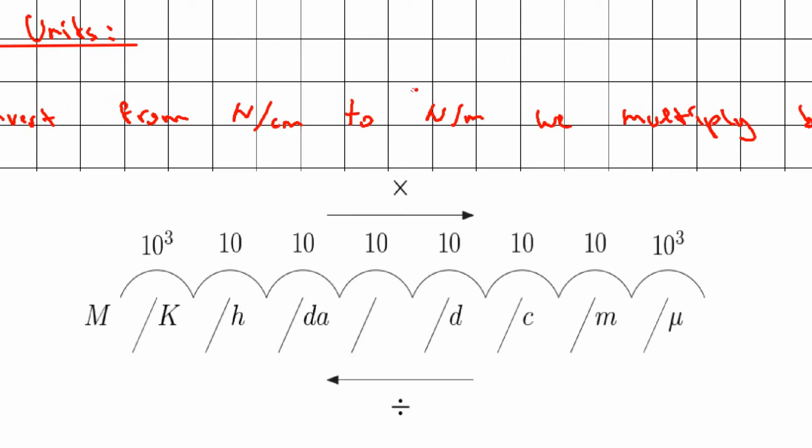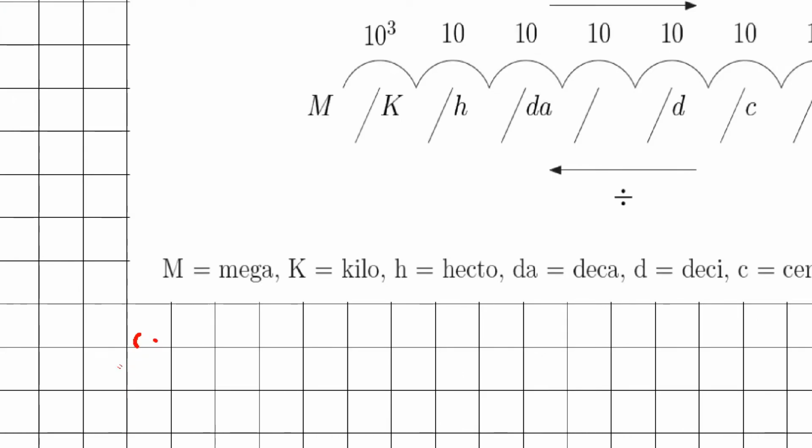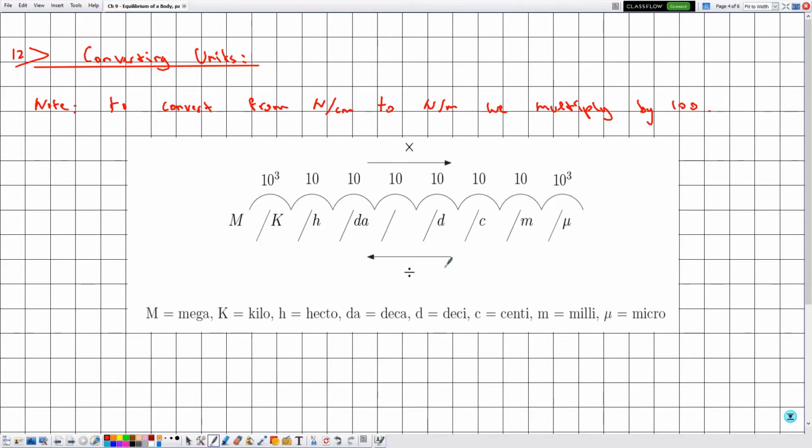Why are we doing so? Because here we are using mixed units, and whenever it comes to mixed units, the thing is a bit tricky. Now all other units can be converted using this line or this scale. For example, we know that in order to convert from centimeters to meters, we divide by 100. Using this one, the empty spaces may be labeled by meters.